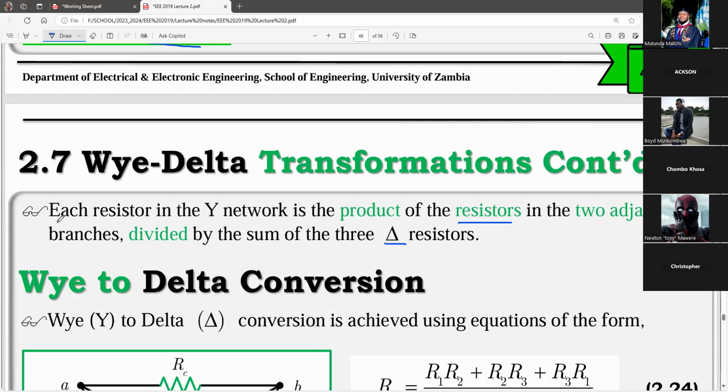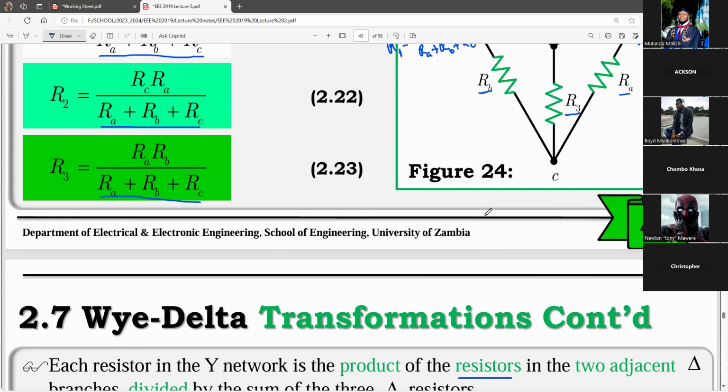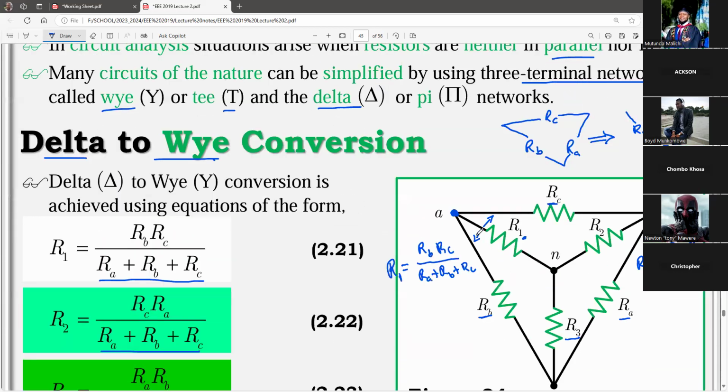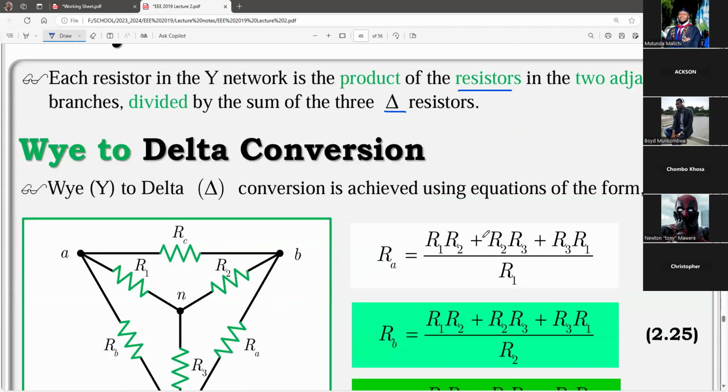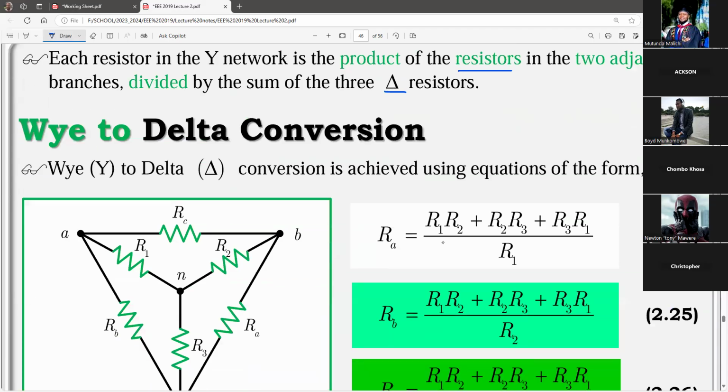So this one is just trying to conclude on the delta: a product of the resistors in delta that are connected to the same resistor, divided by the sum of those resistors in delta. Okay, but now consider if you are given these resistors as R1, R2, R3.